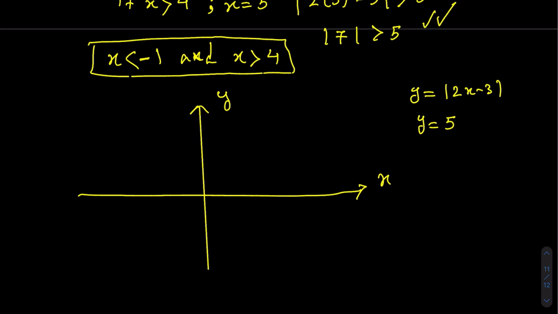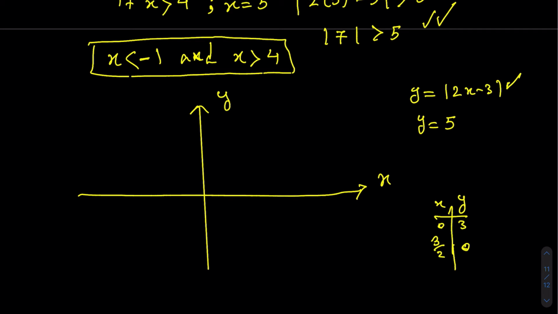In order to draw this absolute value graph, and even simple graphs, the simplest way is to use a t-table of x and y. If x is equal to 0, what will happen to y? y will be equal to 3. And we should find when y is equal to 0. That is important. y is equal to 0 in the case that x becomes equal to 3/2.